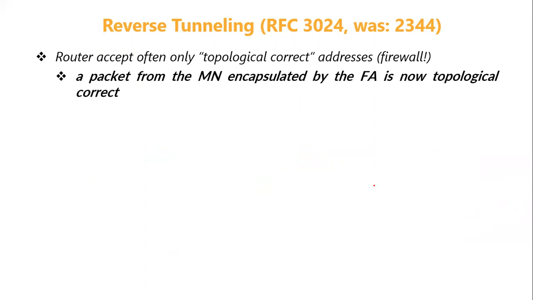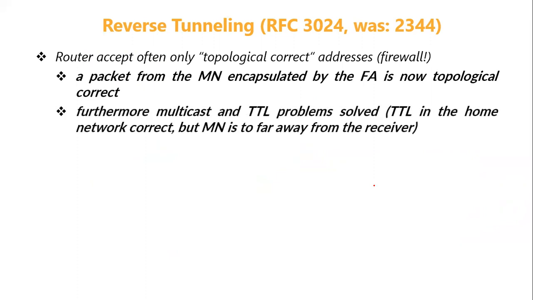So it becomes a topologically correct IP address. Further, multicast and TTL problems are also solved because we are using reverse tunneling. The multicast problem is solved. TTL is also solved because the entire tunnel is considered as only one hop, so there is no problem with TTL.